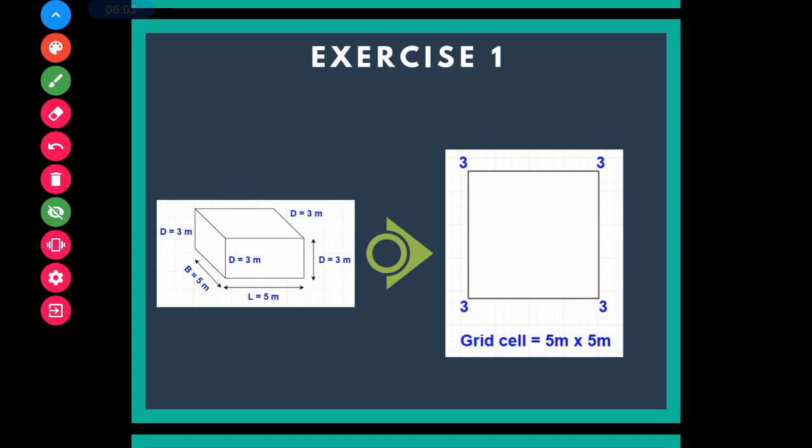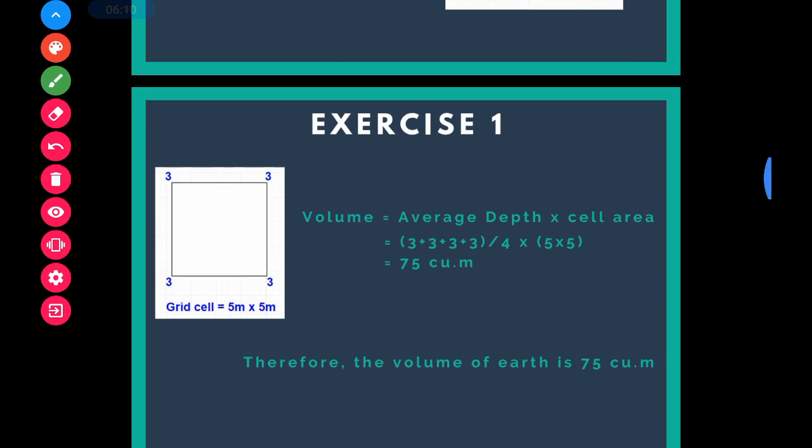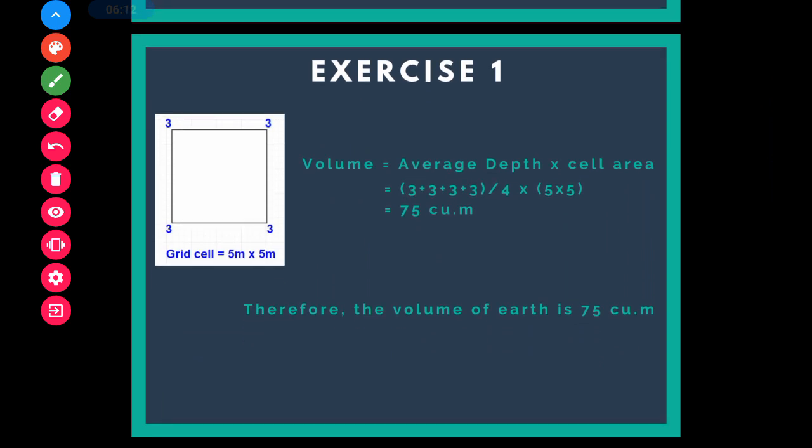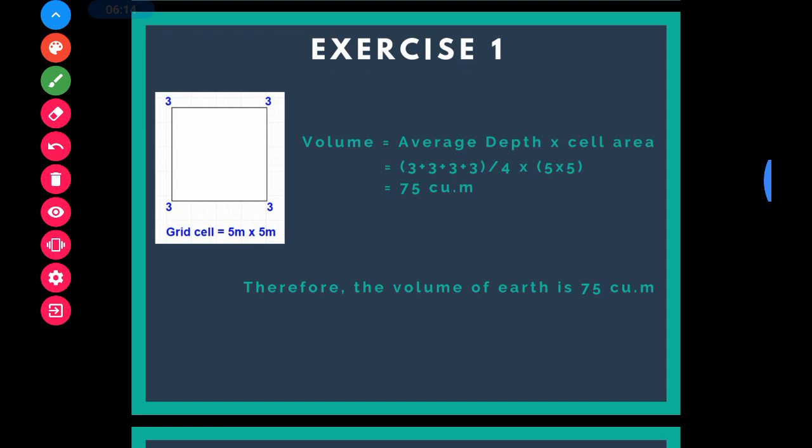So remember the formula just now. If we are going to apply the grid method, the formula is quite simple. Volume equals average depth multiplied by cell area. So now the cell area is this one. We can get it by multiplying 5 with 5.